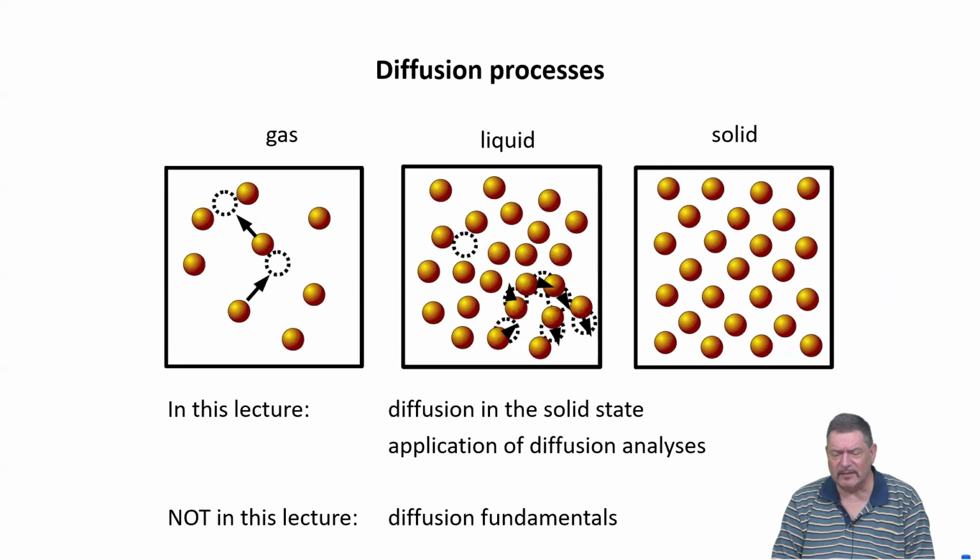Left a gas, in the middle a liquid, right a solid. Obviously, we know about diffusion processes in gases. There is no fundamental difficulty in understanding that gases diffuse. In the liquid, we also conceptually have the same feeling. We know it from putting milk into our coffee or tea. There is spreading, and that's a diffusive process. In the solid, it's the same.